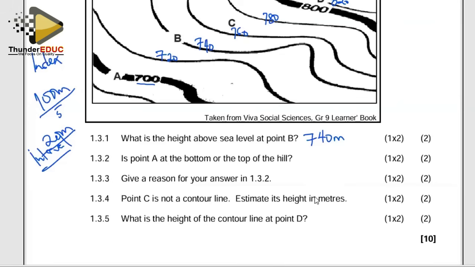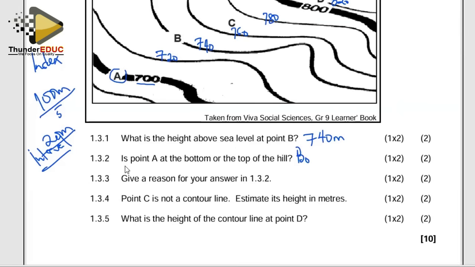Is point A at the bottom or the top of the hill? Point A, is it at the bottom or the top of the hill? We can see A is at 700 here. And our values are increasing, going upwards, 720, 740. So automatically it cannot be at the top. It's at the bottom, because it has a lower value and the other values are increasing.